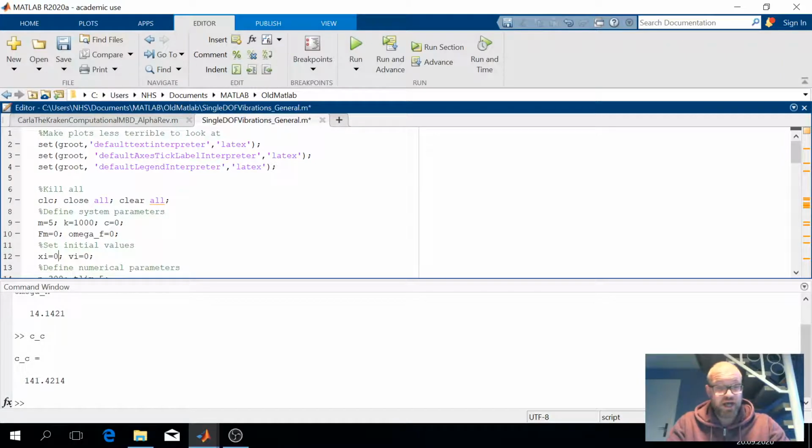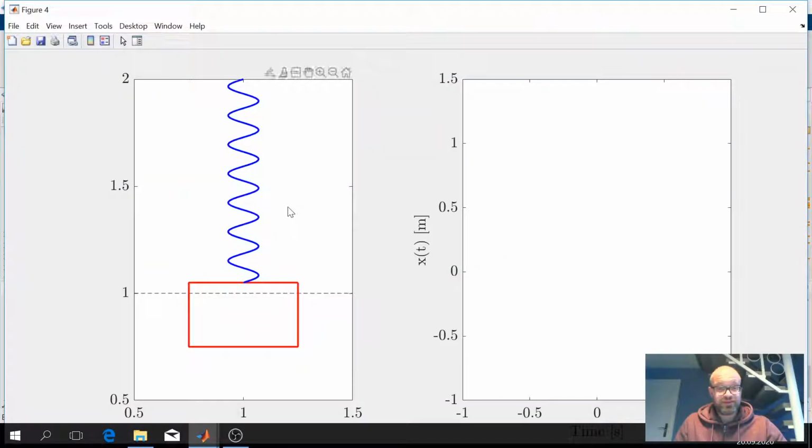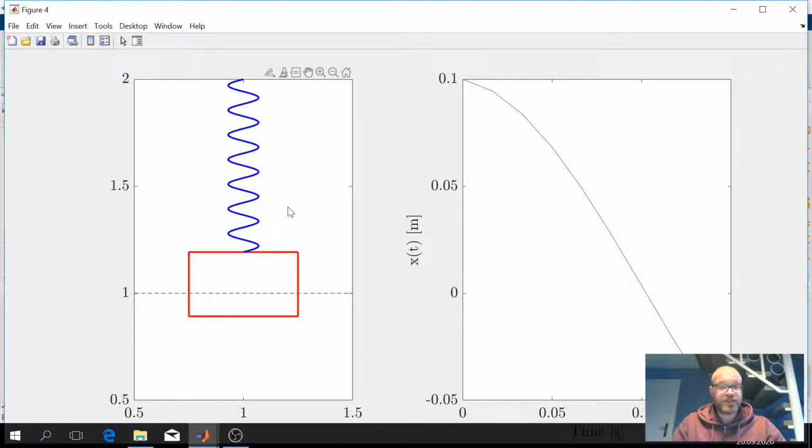If I start out by displacing the mass 0.1 meter, corresponding to pulling the mass 0.1 meter downwards, and look into which vibrations I will get, then we have the response here, right?